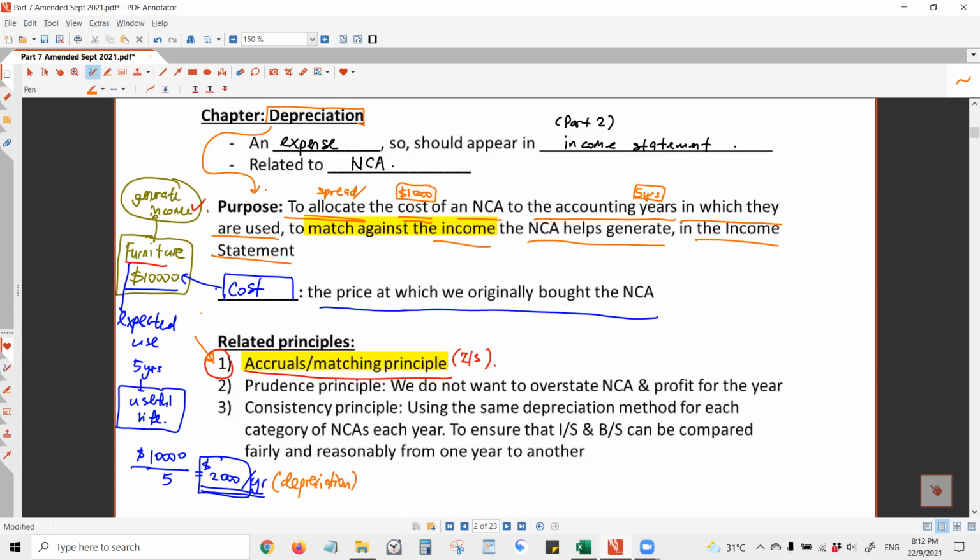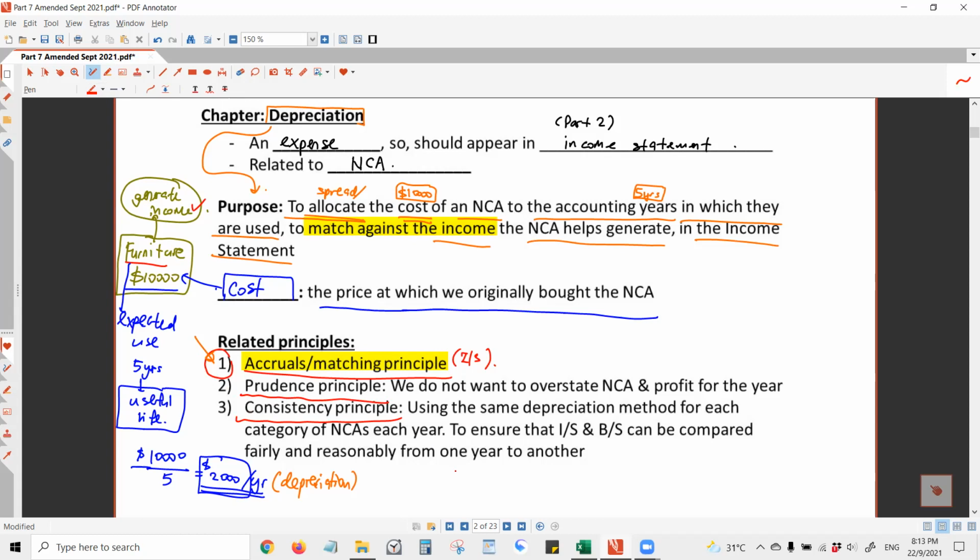So this is the introduction about depreciation, and you can see that there are 2 more accounting principles here, right? Prudence principle, consistency principle. These 2 are extra accounting principles that are linked to depreciation. For this one, we look at this much later. For now, you just understand matching principle is linked to depreciation. It's about matching incomes against expenses. Expenses here is the depreciation.